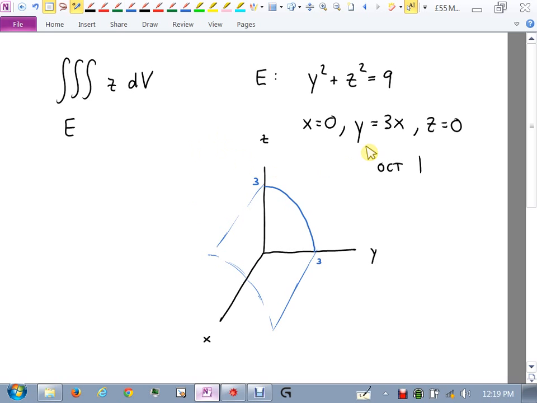Now, y equals 3x is a plane that we said was vertical. If I imagine on the ground, if y equals 3x is like a line on the ground, it would start off at the origin, wouldn't it? At 0, 0. And then if I plug in 1 for x, what would I get for y? 3.